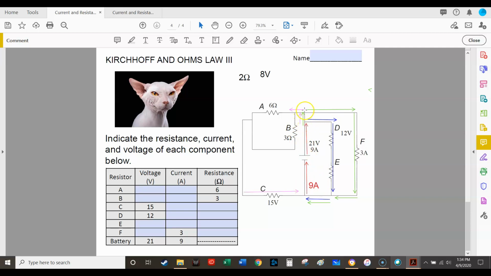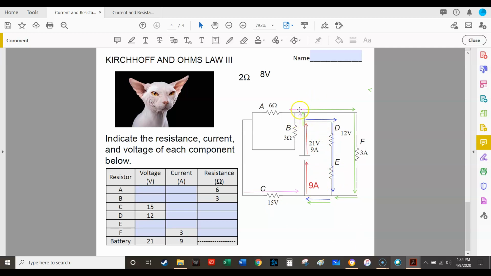Green is then heading up and to the right, heading down, going across, and then coming back in. And so that means green is also in parallel with the battery. So this is its own branch, and that is also in parallel with D. All right.